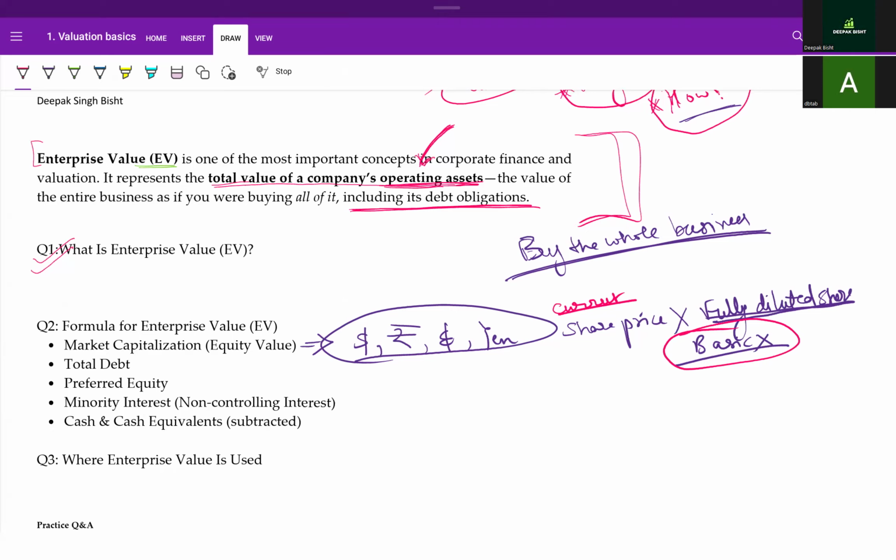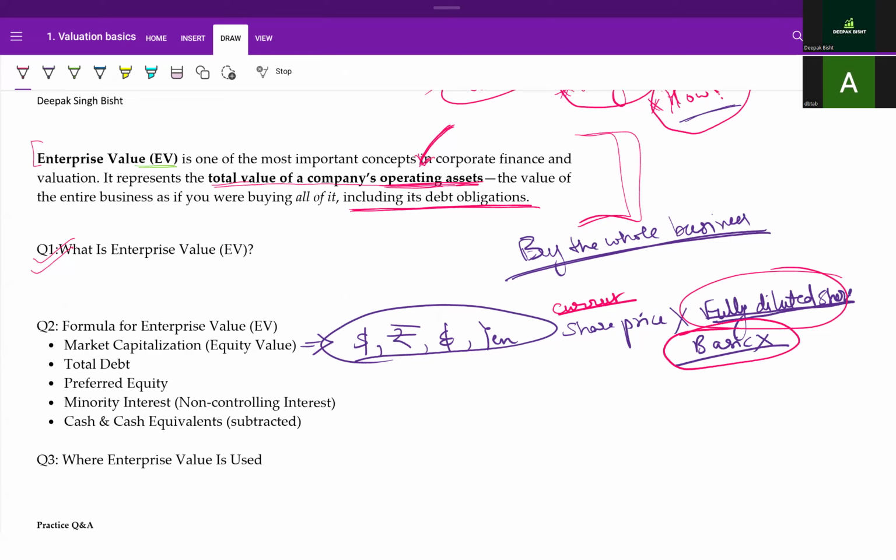Now it's comfortable for me also to write it down on the tablet. Okay, so the total debt, we are going to talk about total debt in a while. But before, what are the things that we need to consider when we're talking about the fully diluted number of shares?